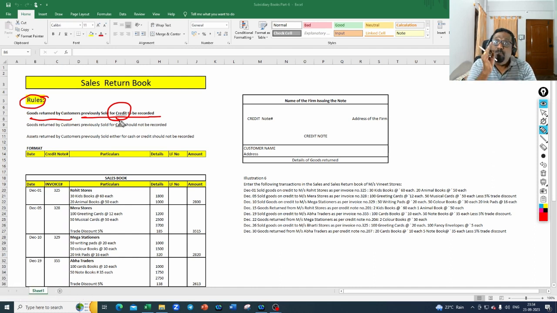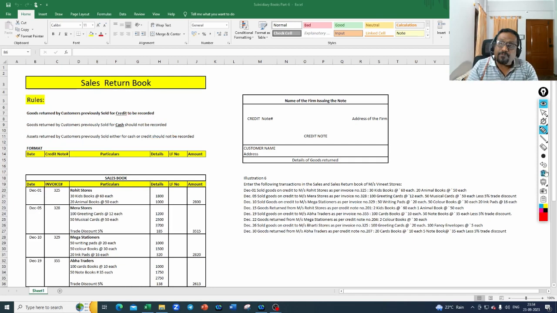That too, those goods should have been sold to them for credit. Only those cases you should keep in sales return book. Are you clear? So that is what the sales return book rules say, and I hope everybody is clear about this point and make sure that you understood and follow these rules.